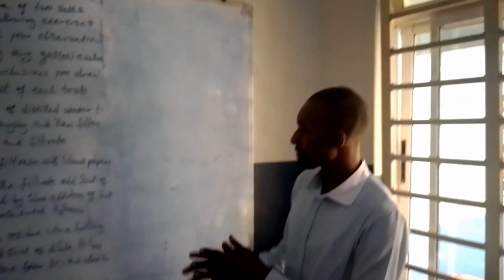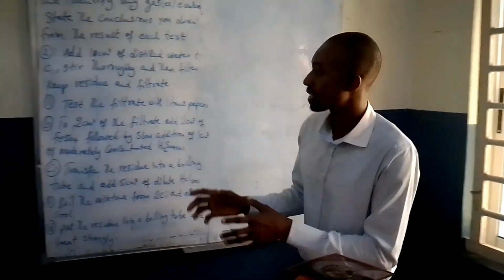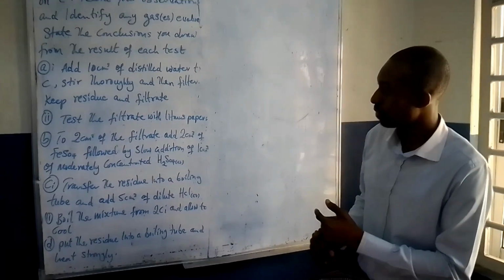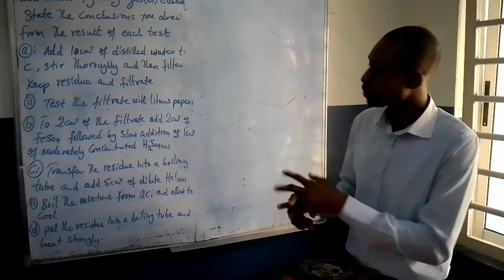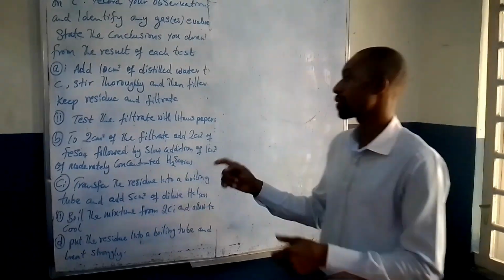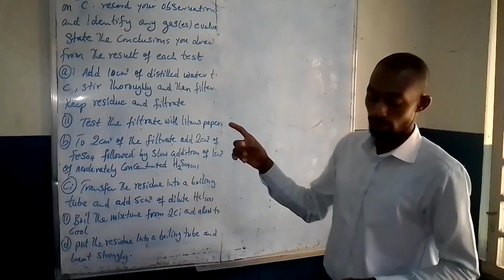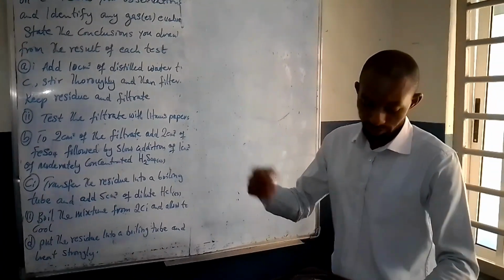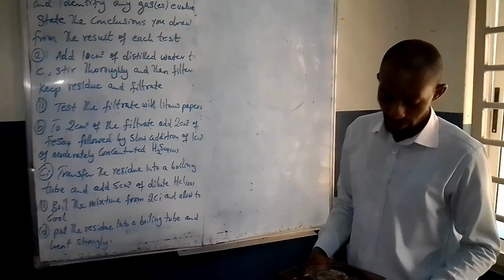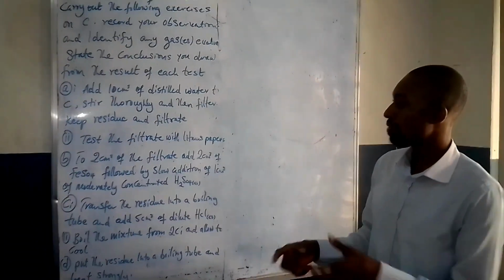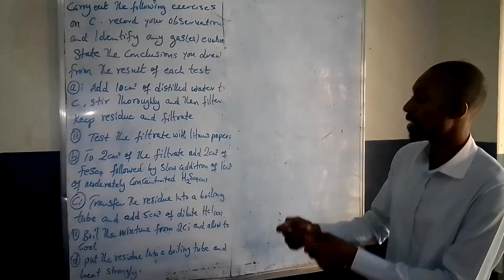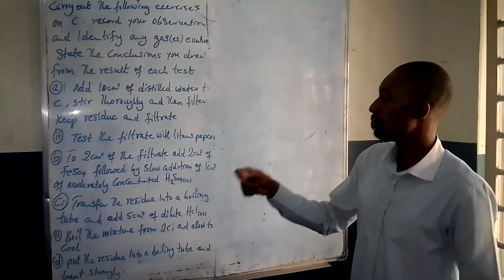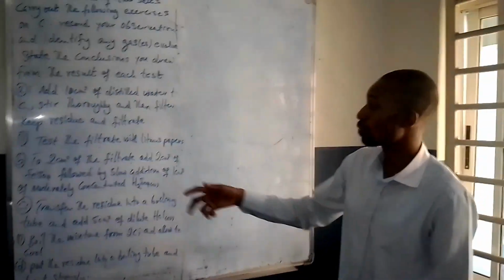One of the major reagents we use in this test is hydrochloric acid. We're going to be using hydrochloric acid and sodium hydroxide. If you don't know how to prepare the reagent for hydrochloric acid, you can measure out 6 cm³ of concentrated hydrochloric acid and dilute it into 500 cm³ of water.